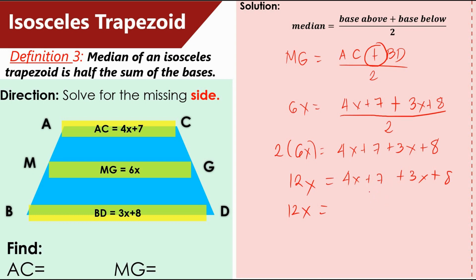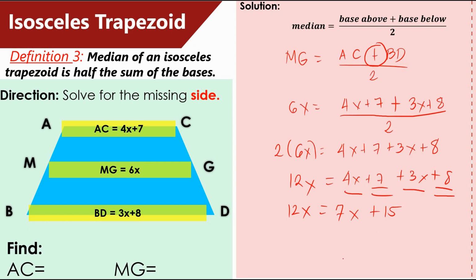Let us first combine all the terms which have a variable, which are 4x and 3x. If you combine positive 4x and positive 3x, this will become 7x. And then we can also combine positive 7 and positive 8. If you combine these two numbers, this will become positive 15.